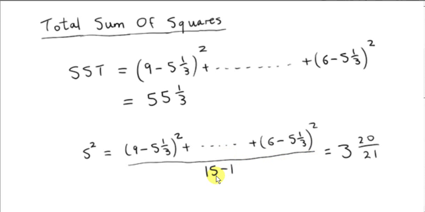Finally, you need to divide not by 15 but by 15 minus 1. We subtract 1 because we want S squared to be an unbiased estimate of sigma squared. But anyway, we don't have to worry about that. So you can see that that's very close to what we're after.